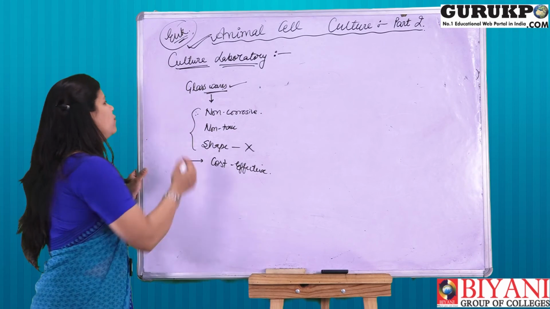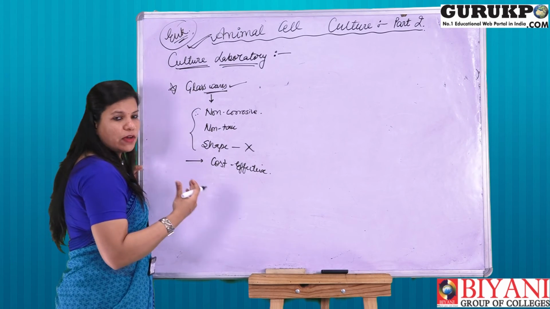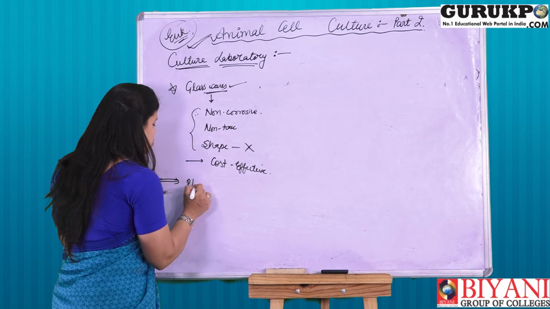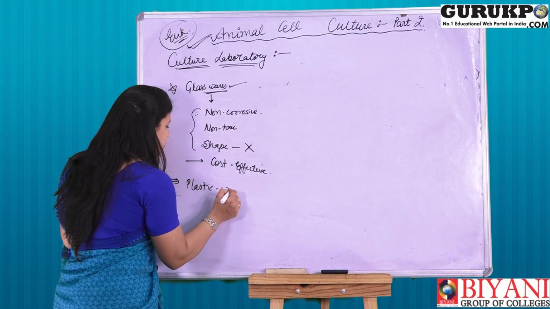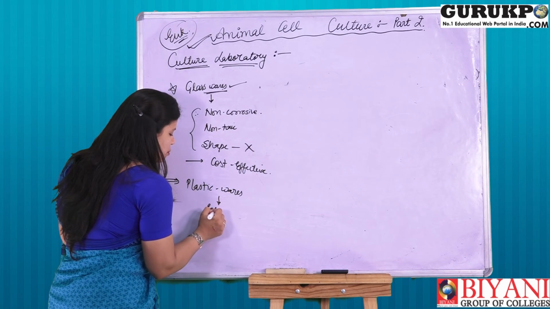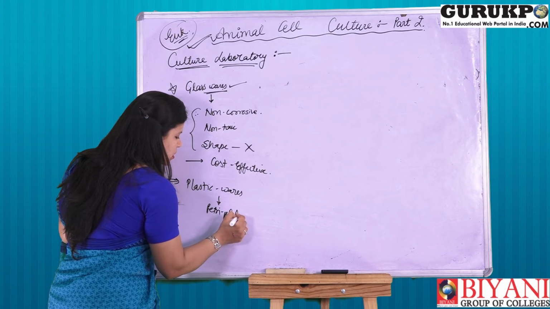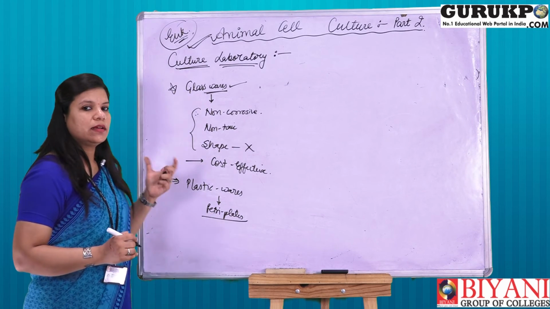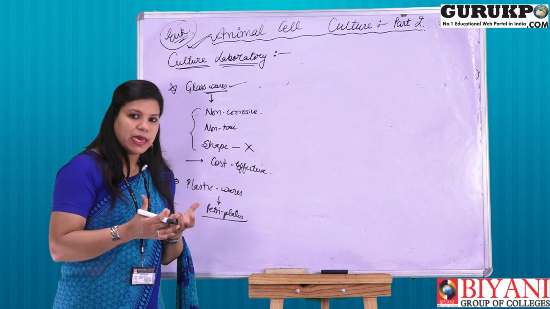But in case you are not having the glasswares in enough amount, then you can also use plastic wares, especially in the form of Petri plates. These Petri plates are in the form of a lid and a base, right?